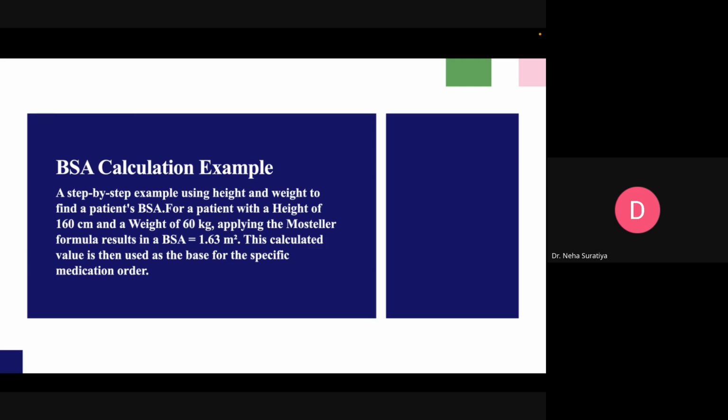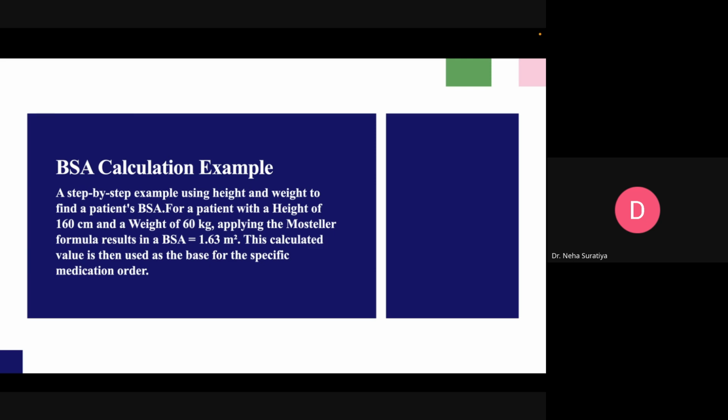Okay, let's start with this simple example. Take your note and pen. Now that you understand the Mosteller formula, let's apply it step by step to a real patient. This slide is very important because most calculation errors happen during this application of BSA. I always tell my students to calculate it again and again because it gives close values.